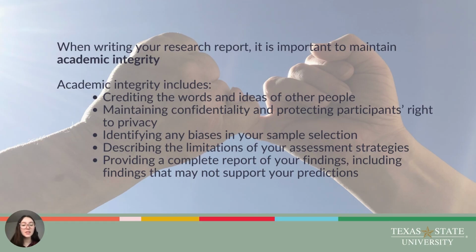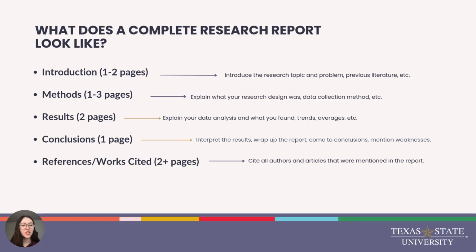You will also describe the limitations of your assessment strategies to maintain academic integrity. And lastly, providing a complete report of your findings, including findings that may not support your predictions, also helps in maintaining academic integrity.